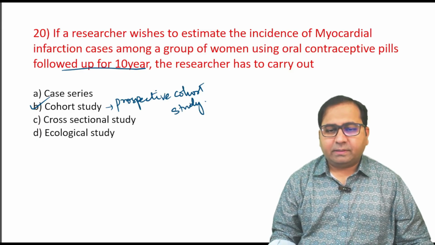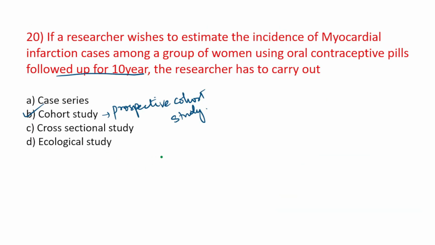Please remember this point. Once again, if you concentrate on the question, they have mentioned that among a group of women using oral contraceptive pills and followed up for 10 years. So what is happening over here? They are getting exposed. Exposed to what?